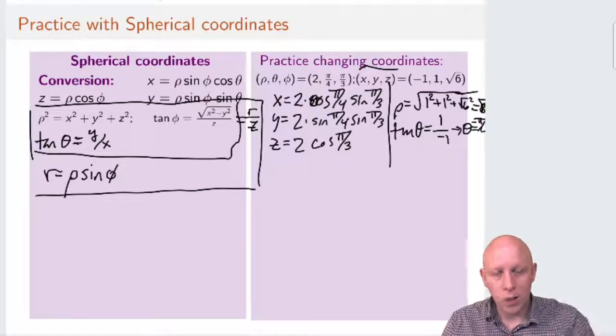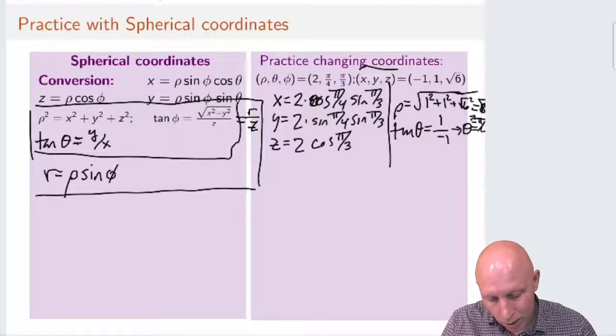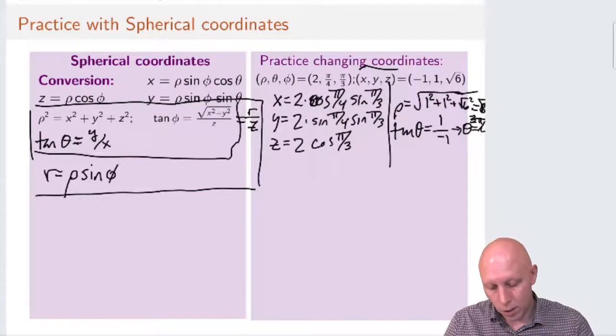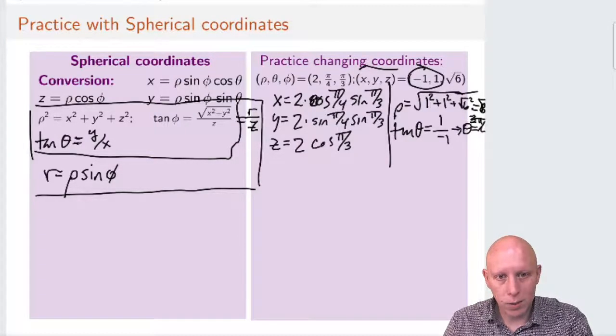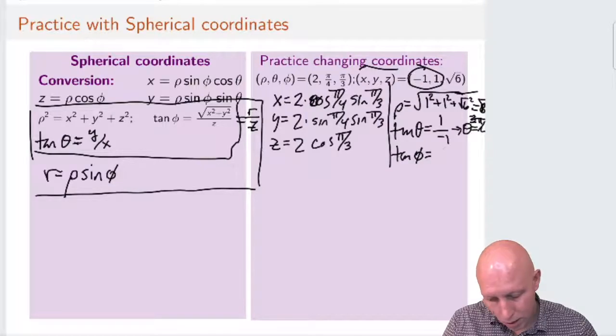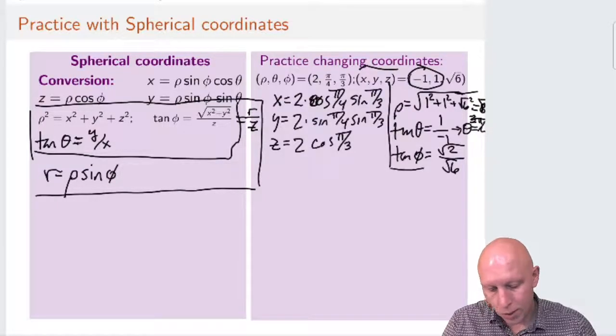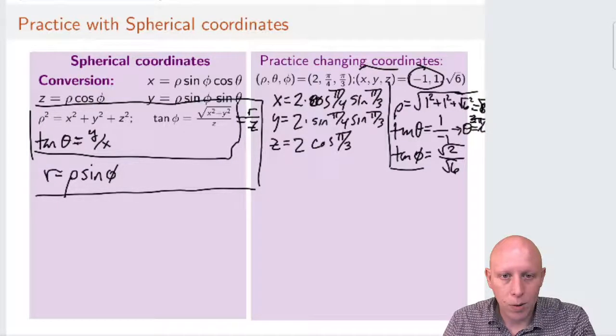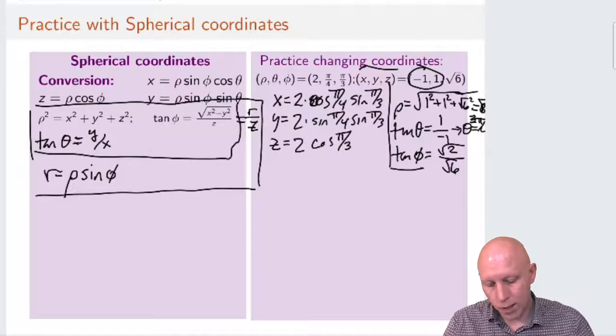Of course, we're in the other quadrant, so that's actually going to be 3 pi over 4, because we need to be in the quadrant where x is negative and y is positive. And the last thing is we have tangent of phi is equal to square root of 2 over square root of 6. And so this is going to give us our values.